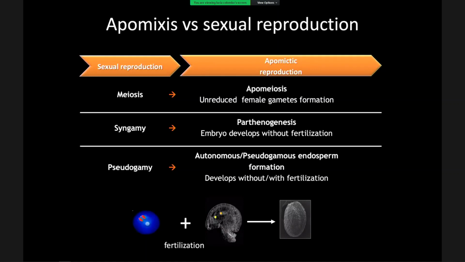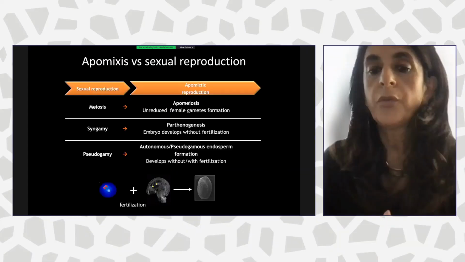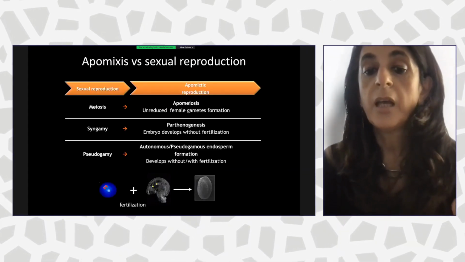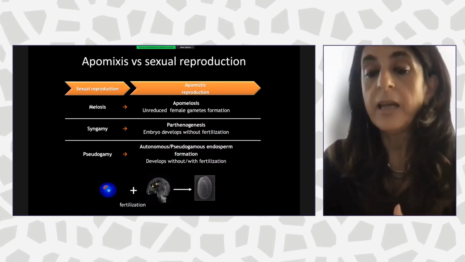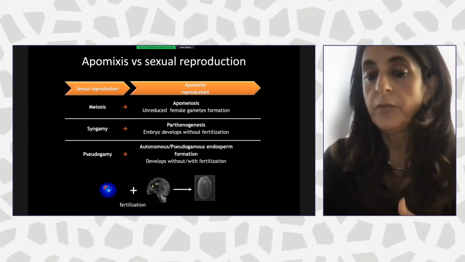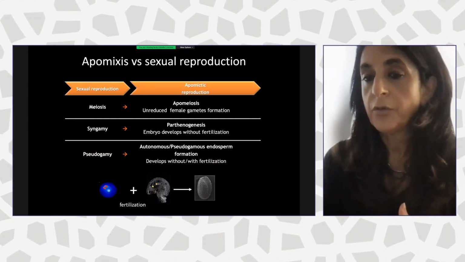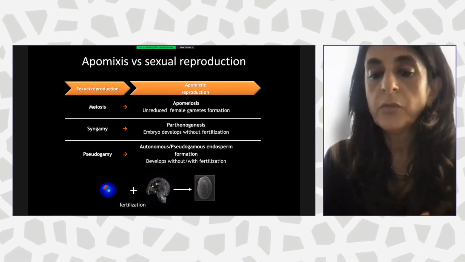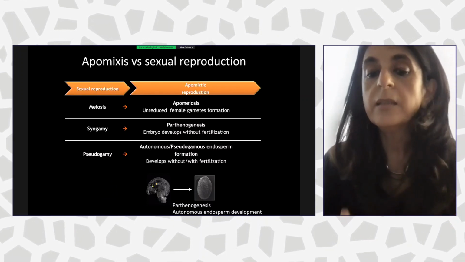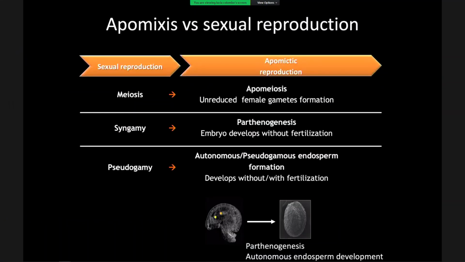Those unreduced female gametes then can develop an embryo without fertilization through a process named parthenogenesis. And also the central cell can give origin to the endosperm without fertilization. So in other words, we can obtain seeds without fertilization and without meiosis. And for this reason, all the seeds obtained with these strategies are identical to each other.